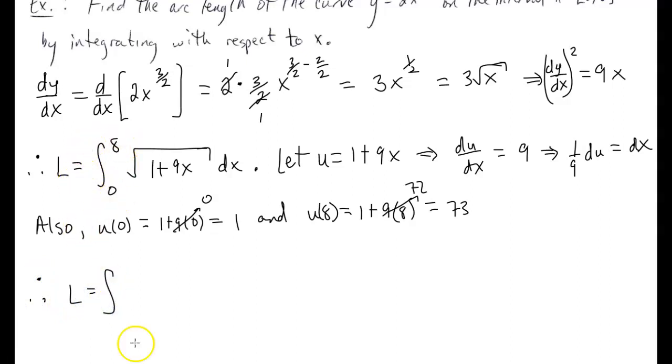So now the length is going to be from u of 0 to u of 8, square root of u, and in place of the dx, we're going to put 1/9 du.